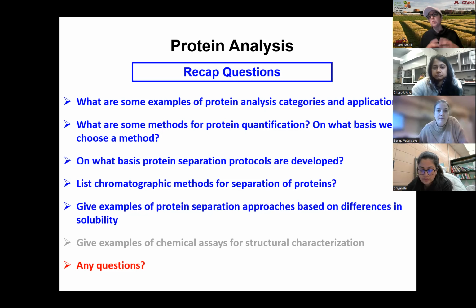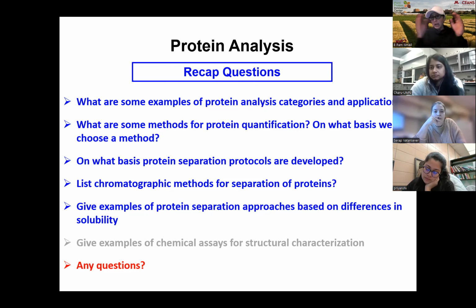Its structure, its configuration, its chemistry will allow us to decide which way we can isolate it. And to isolate the protein, the first step is to solubilize it and fractionate it from insolubles. That's the first step. And then the purification step comes into play after that.